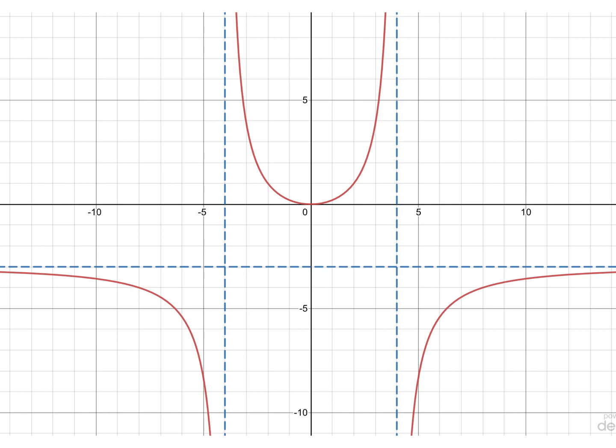And then down in the bottom, and you can see that this is an even function, so it's symmetrical about the y-axis. As you can see, it approaches the horizontal asymptotes from the negative side. So when you subbed it in, you should have got minus 3 point and then, just a little bit higher for both sides. And it approaches minus infinity on either side of minus 4 and plus 4.